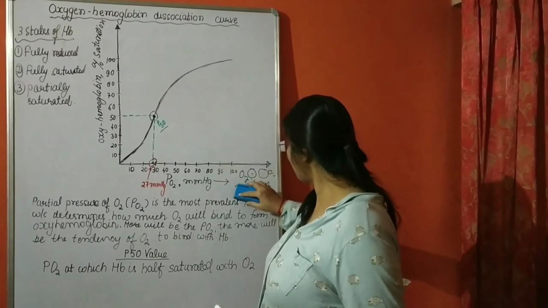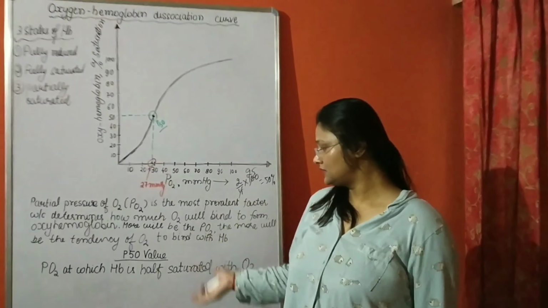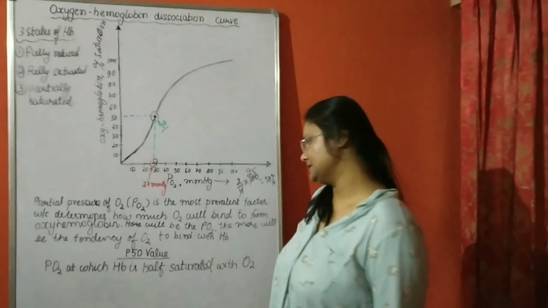In the same way, when 2 out of the 4 oxygen binding sites have O2 bound, the saturation will be 50%, and this is known as the P50 value. So I hope it is very clear what exactly the P50 value is.